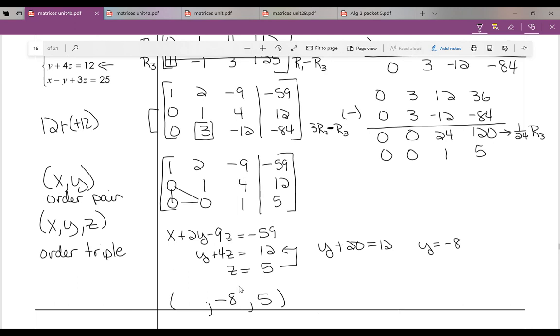Now, I can take these two numbers, plug them into the top equation, and get x. So x minus 16, 2 times negative 8 is negative 16, minus 45 gives me negative 59. When it's all said and done, what is my value for x?